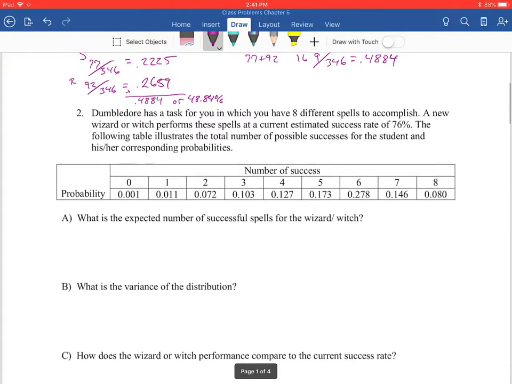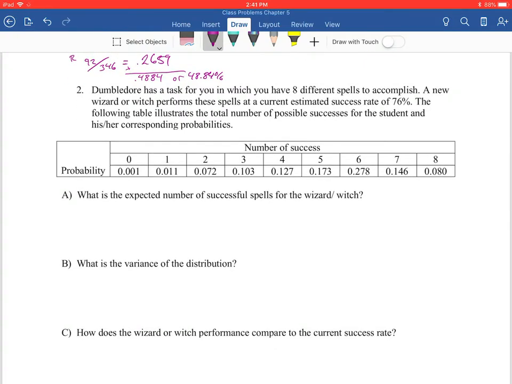So moving on to part 2 here, we have Dumbledore has a task for you in which you have 8 different spells to accomplish. A new wizard or witch performs these spells. The current estimated success rate is 76%. The following table illustrates the total number of possible successes for a student and his or her corresponding probabilities.